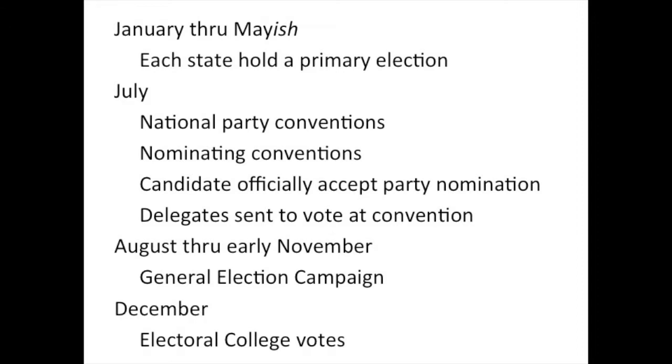The nominating convention for the Republican Party and the Democratic Party. These take place during the summer, and it's here that the party's nominee will officially accept the party's nomination.